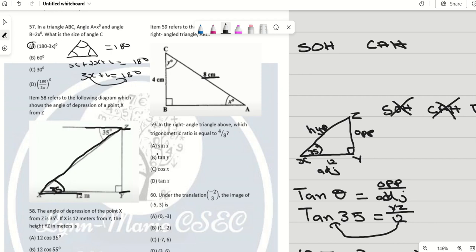So anything that has tan, that is B and D, would be out of the question. Then we're going to be using sine. If you're saying sine X, your opposite is 4, if your angle is X, all over your hypotenuse, which is 8. So we see that A would be your answer.